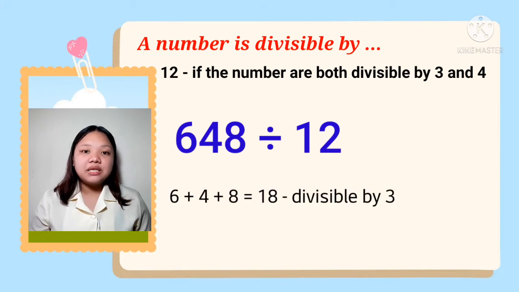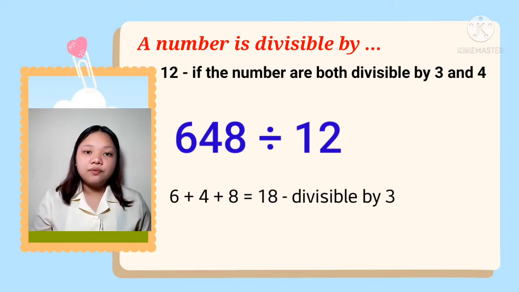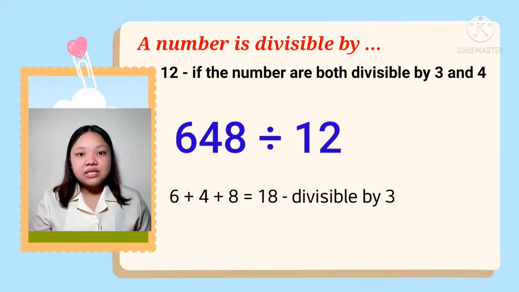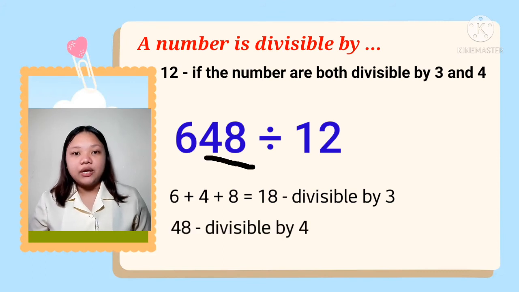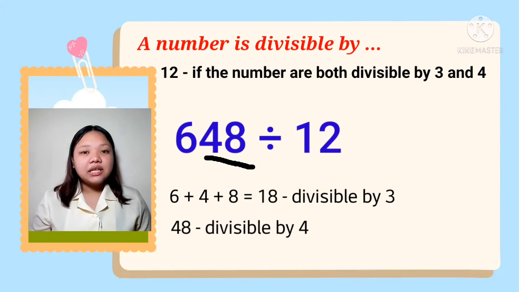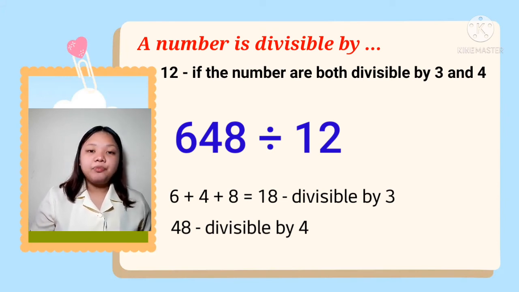So, 6 plus 4 plus 8 is equal to 18, which is a multiple of 3. And for the divisibility rule of 4, let us look if the last two digits form a number which is a multiple of 4. The last two digits of 648 are 48, which is a multiple of 4. Therefore, 648 is a multiple of both 3 and 4.